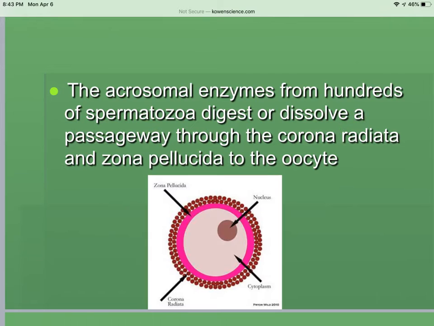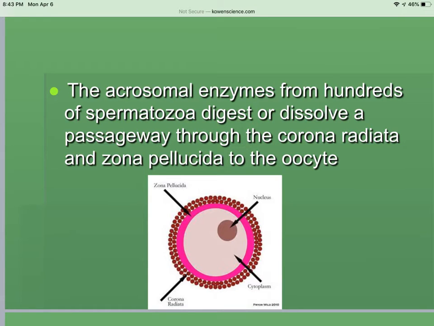The acrosomal enzymes from hundreds of spermatozoa will digest the passageway right through here, through the corona radiata and the zona pellucida. The first sperm that enter that passageway and reach the oocyte will be the one that fertilizes the egg.